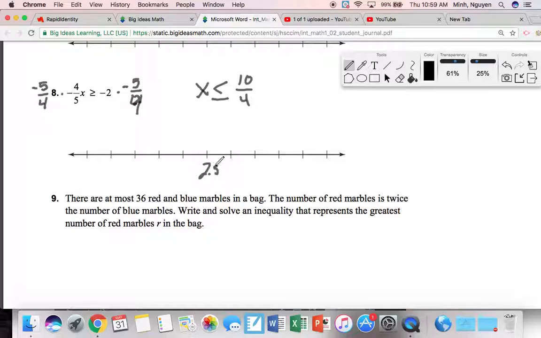If you want to write 10 over 4, be my guest, it doesn't bother me. For x less than or equal to 2.5, it has equal to, so the circle has to be filled, and less than is to the left.